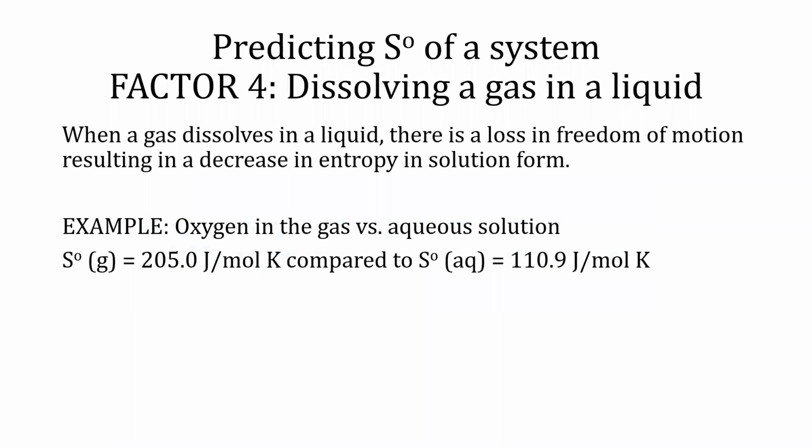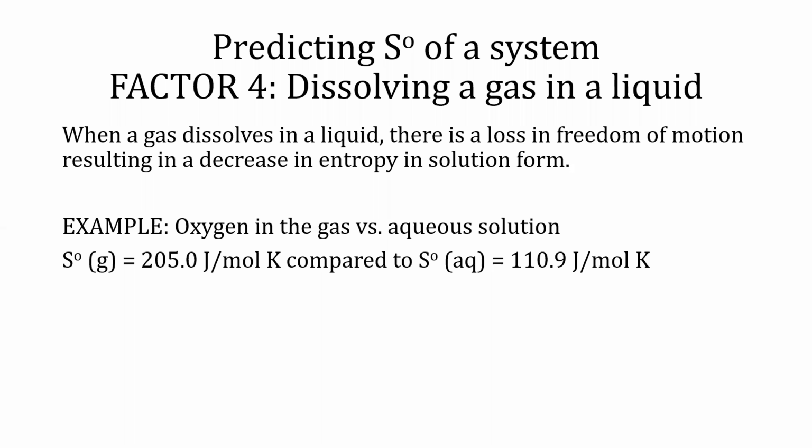When a gas dissolves in a liquid, there is a loss in freedom of motion, resulting in a decrease in entropy in solution form. For example, let's compare oxygen in the gas phase versus oxygen in aqueous solution. The standard entropy of O2 gas equals 205 J per mol K compared to 110.9 J per mol K in aqueous solution.